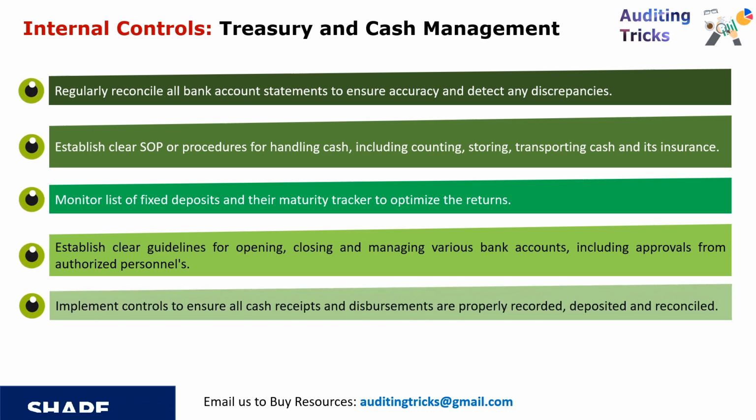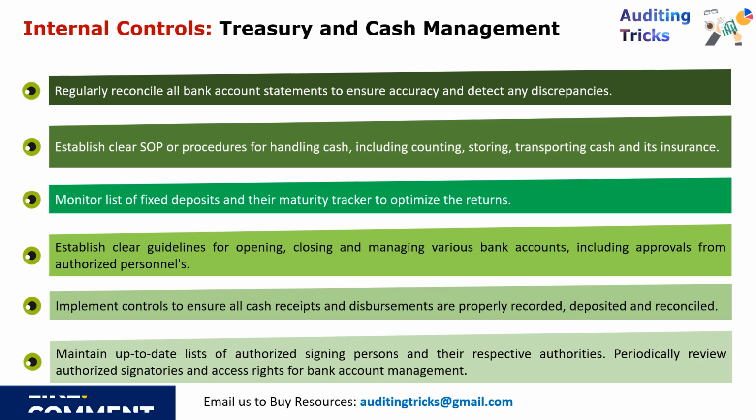We should implement controls to ensure that all the cash receipts and payments are properly recorded, deposited, and reconciled on a timely basis. We should maintain an up-to-date list of all the authorized signatories and their respective authorities. We should periodically review these signatories and the access rights they have been provided in the bank account management system.